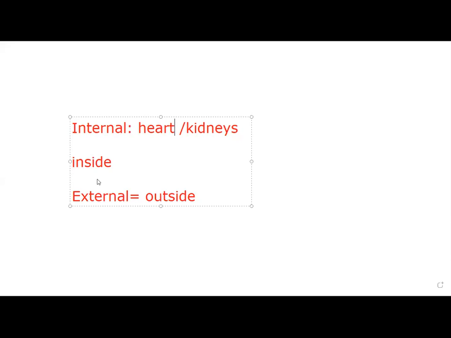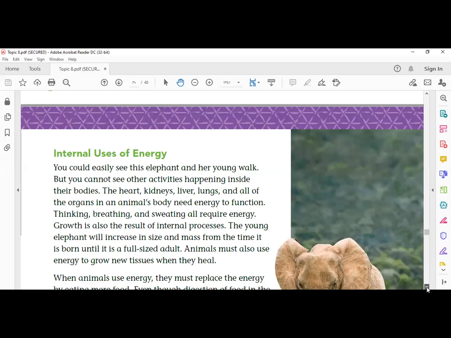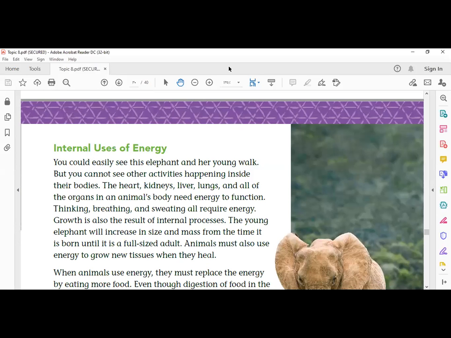Inshallah, tomorrow we will learn what the internal uses of energy in the animal body are. There are internal uses of energy that you can't feel, for example digestion of food. Did you know that when your body digests food, this process takes energy?